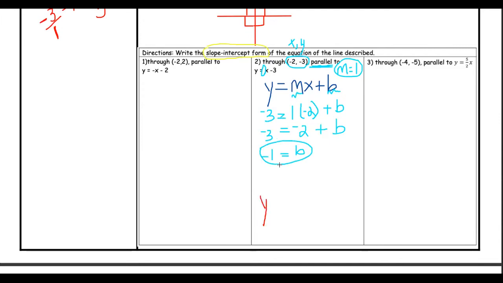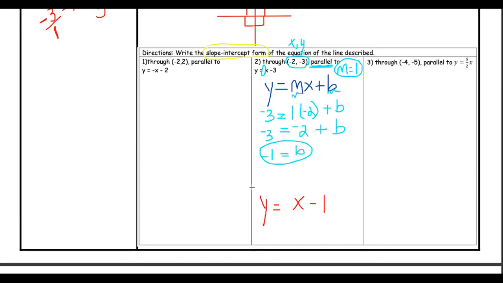y equals m is 1. You can write 1x, but highly skilled mathematicians would not write 1x, okay? Invisible 1, then x. And then now you need to put b, and b is -1, so -1.